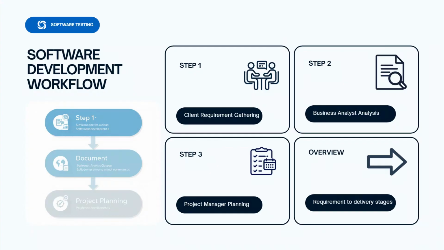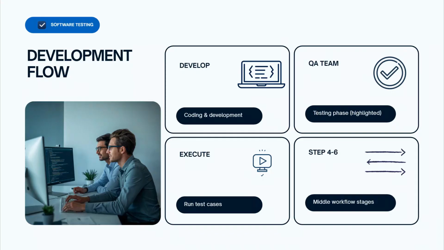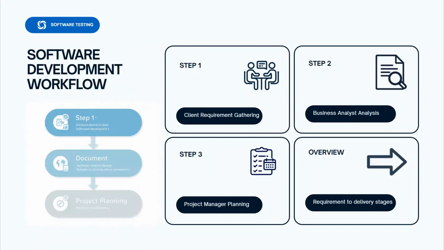In the IT company, there will be a BA, business analyst. He will collect the requirement, understand it, and analyze the business flows and all the pros and cons, and give it to the team.